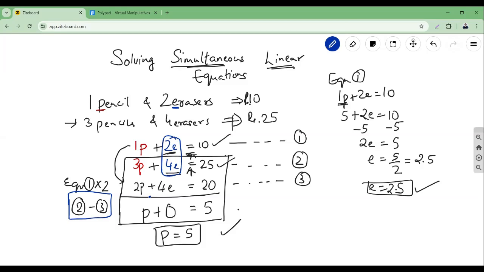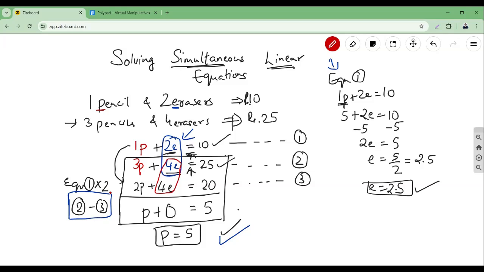So 3p and 3p will get subtracted and you will first be able to find out e in that case. Later on, using substitution, you will be finding out the other variable. The logic is to make one of the coefficients the same.